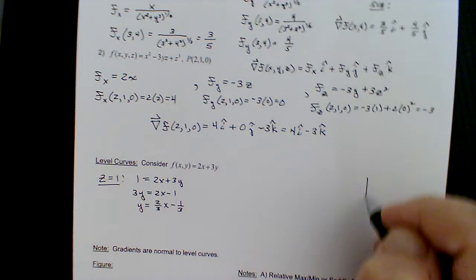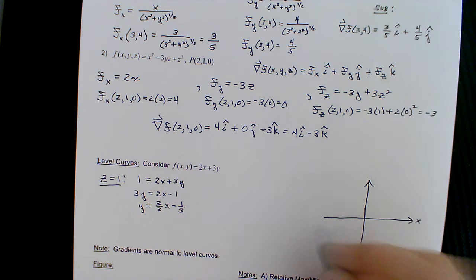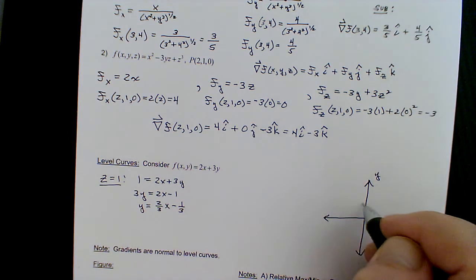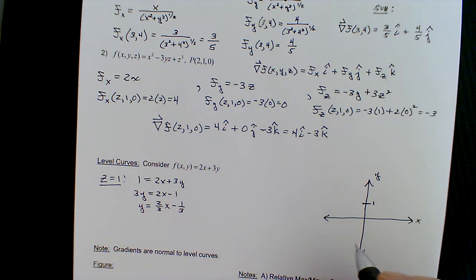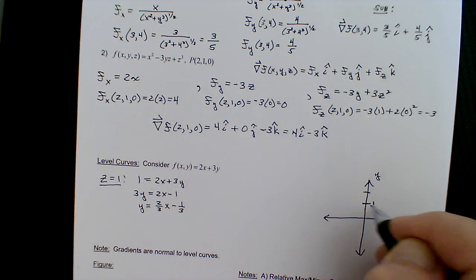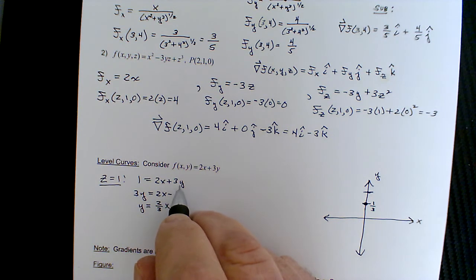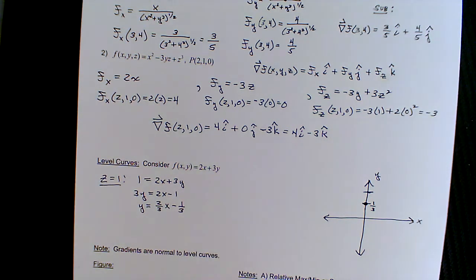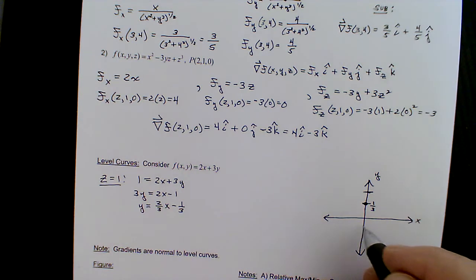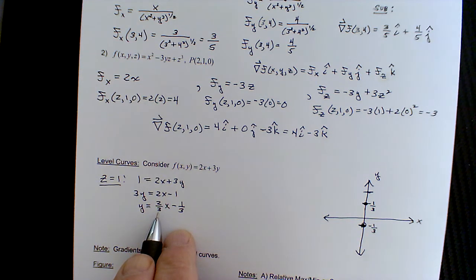So if we draw the level curves, let's say off to the side here in the xy plane, I'll make this 1, and actually I'll make that 1/3, and that's what we're passing through. And then the slope is 2/3.